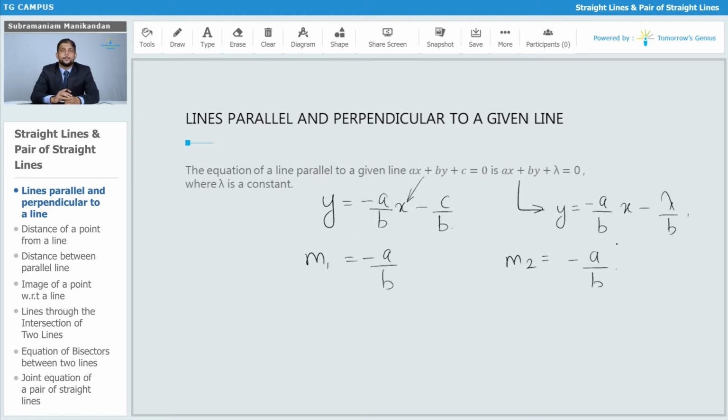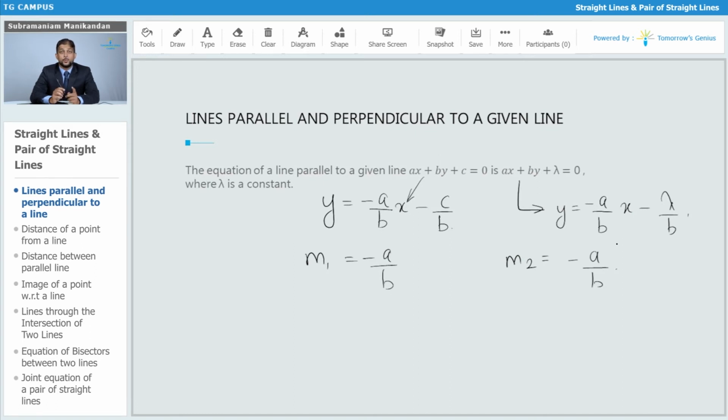Comparing the slopes, the slope of the first line is m1 equals minus a by b and m2 is equal to minus a by b. We observe that they are both equal to the same quantity, minus a by b.